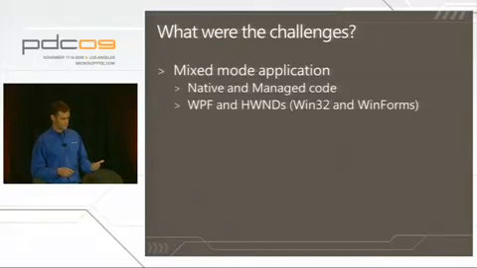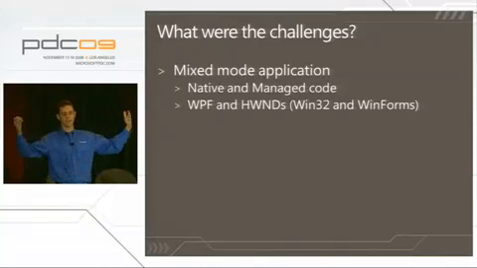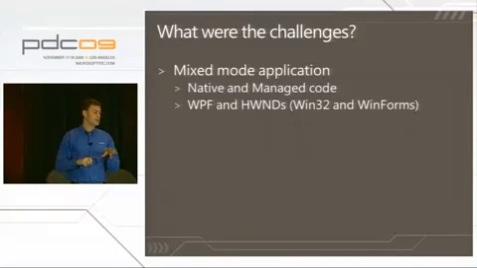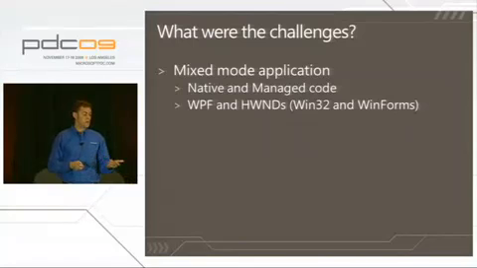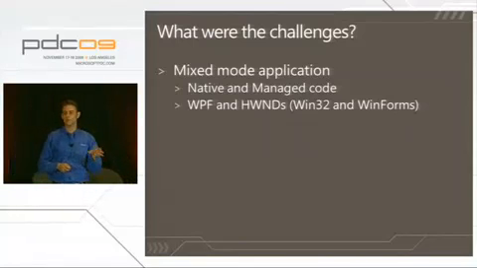And then secondly, obviously just dealing with that hosting and containment of HWNDs. With WPF on the outside, on the outer frames, the content itself may be WPF, or it may be something that's HWND based. And as I mentioned before, I do kind of count WinForms as an HWND based technology.